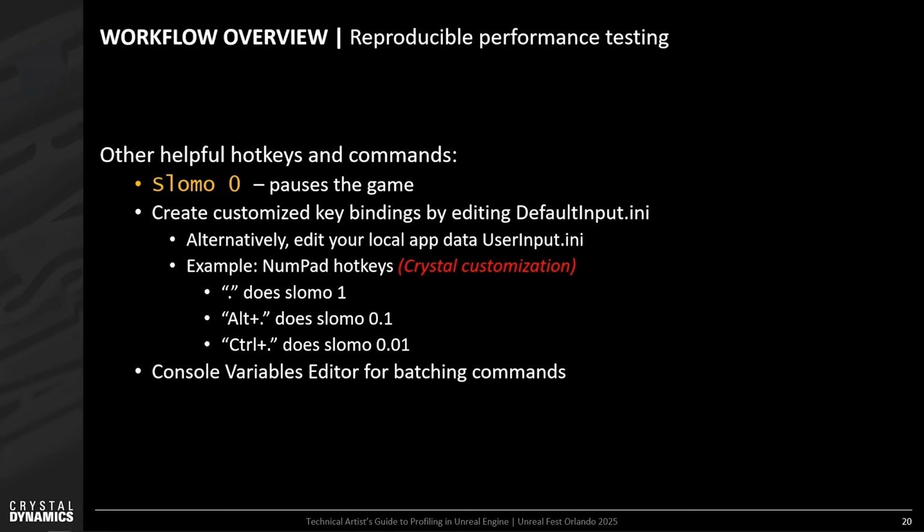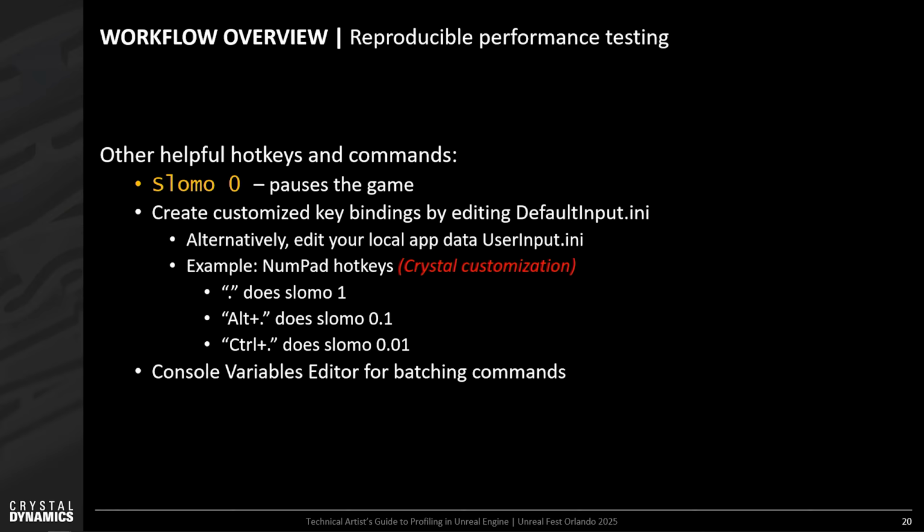A couple other helpful hotkeys and commands. There's slow-mo 0, which pauses the game, really helpful when you're trying to pinpoint an exact frame during a cinematic or similar. You can also create custom key bindings by editing default input INI, which you can submit, and the entire team will have access to that.